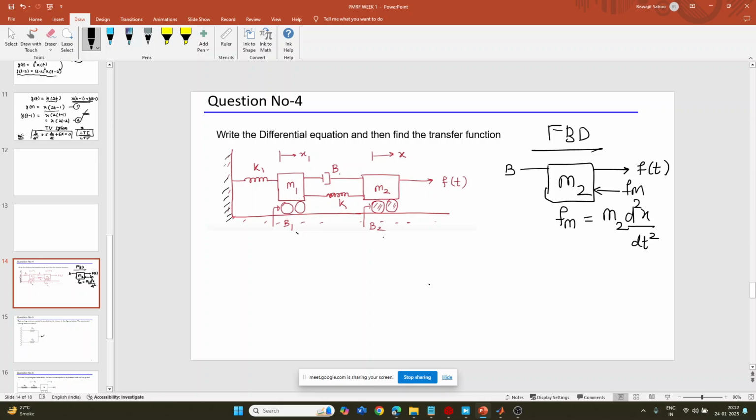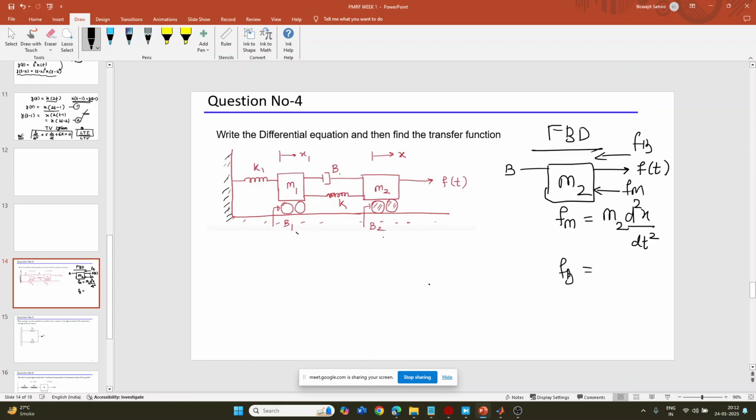Since it is connected to both bodies, which have displacements x and x1, there is a viscous force acting in the opposite direction, Fb.